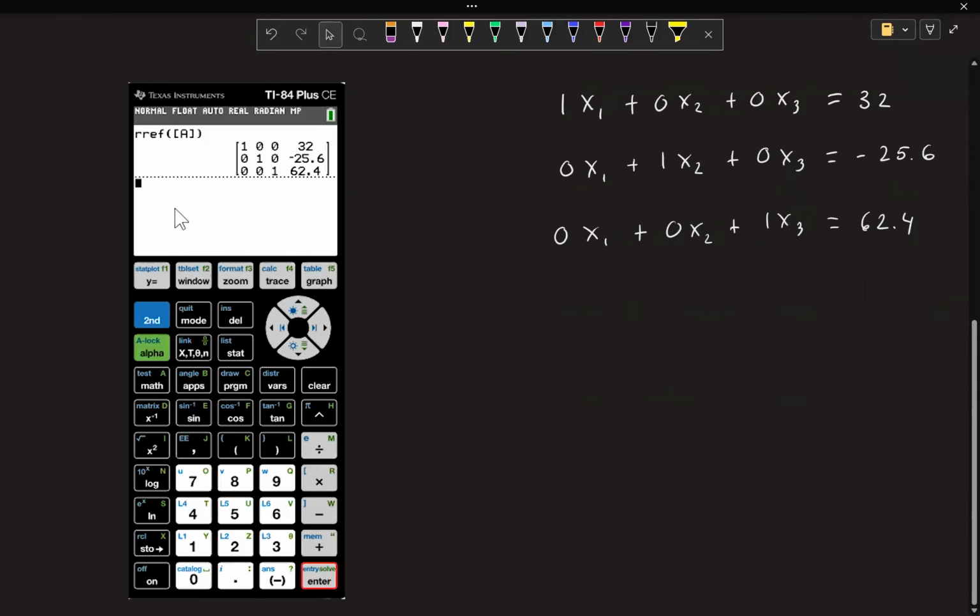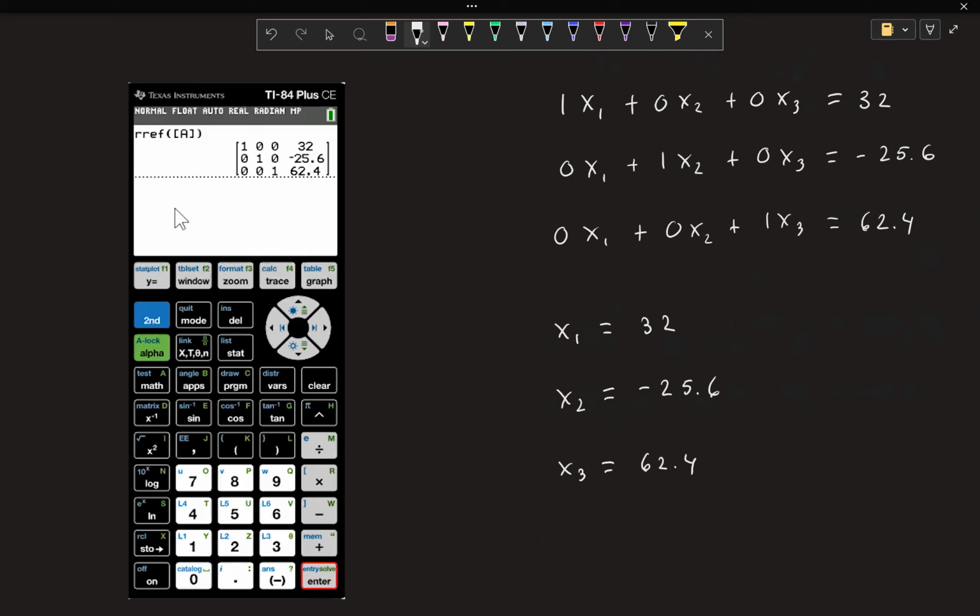And if we simplify this, we can easily see that it is saying x1 equals 32, x2 equals negative 25.6, and x3 equals 62.4.